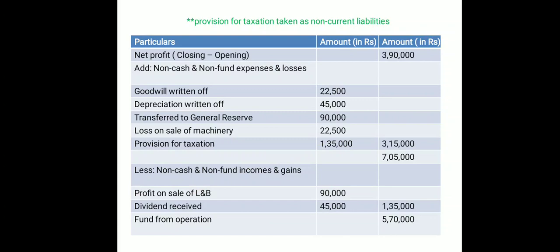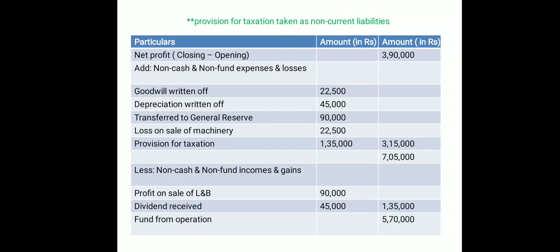Now, again, we are going to calculate the fund from operation. Same thing. We have to take the net profit, that is closing minus opening. We will get the amount of 3,90,000 in your outer column. And then again we have to add back non-cash and non-fund expenses or losses. That is goodwill written off, non-cash, depreciation written off, non-cash, transfer to general reserve, non-cash, loss on sale of machinery, non-fund, provision for taxation, non-cash.